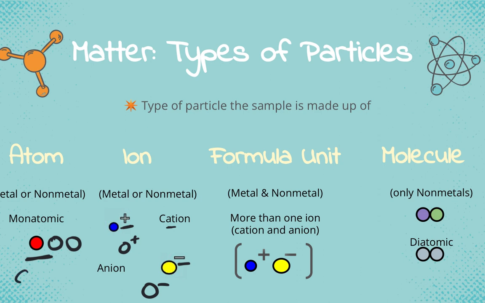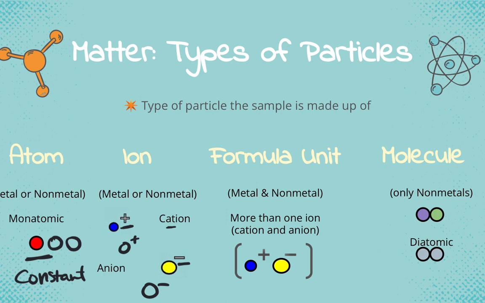So this would have a constant composition. A sample of matter of this particular monatomic element would have atoms that are the same. So they would look the same. It would all be the same throughout.